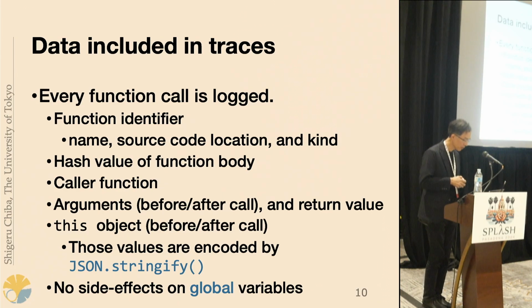Those values are encoded by JSON.stringify, although he modified that stringify a little bit because the original JSON stringify doesn't support cyclic objects. But that's a simple thing. It's nice work for a master student, good practice.